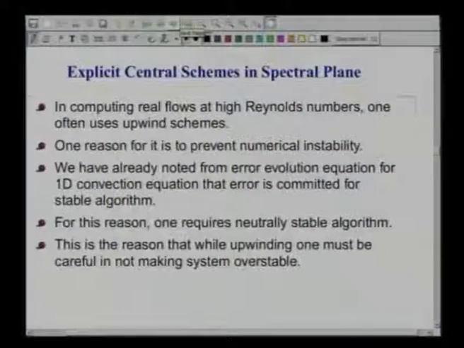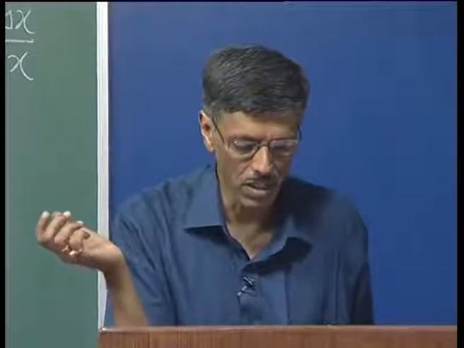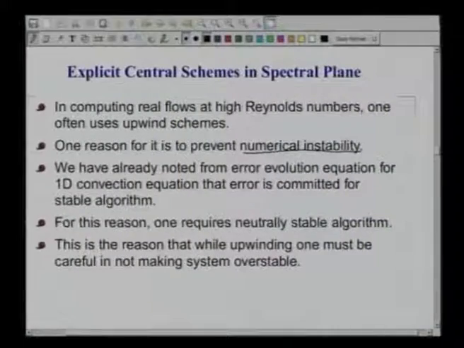One of the ways of utilizing an upwind scheme is to introduce numerical dissipation that prevents numerical instability. This is the motivation for abandoning the explicit central scheme and instead going for an explicit upwind scheme.